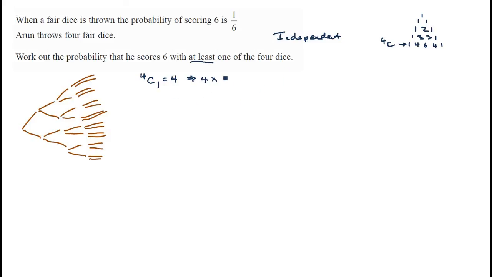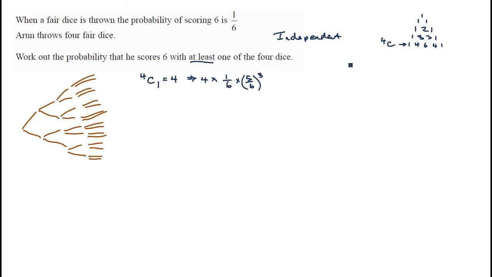Well, that would be if we had a 6 on the first go, for example, and then we multiply by the fail option. The complement of 1/6 is going to be 5/6. So that would be 5/6 cubed. That's probably the easiest way to write it.